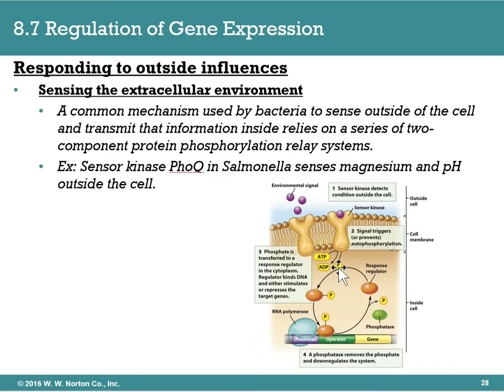The phosphate and this regulator will come together, meaning that the regulator is phosphorylated. Since a phosphate is attached to the regulator, it will bind to the DNA, and with that it will either stimulate or repress certain genes. So a gene will be turned on or turned off. That's just another way of gene regulation.